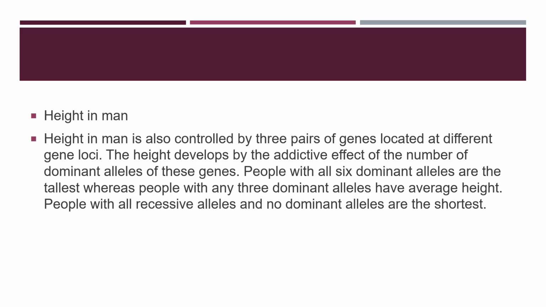Height in humans is also controlled by 3 pairs of genes located at different gene loci. In skin color also, 3 pairs of genes were located at 3 different gene loci. The height develops by the additive effect of the number of dominant alleles of these genes.